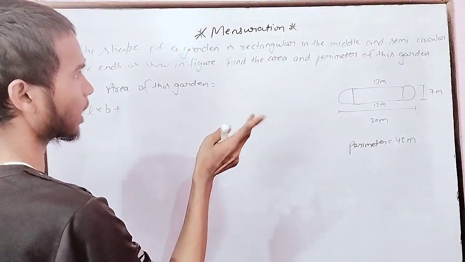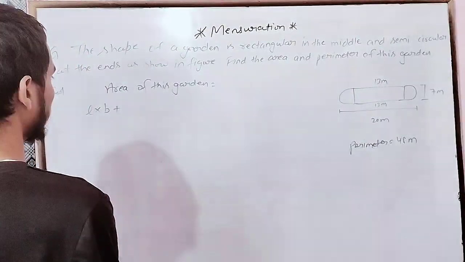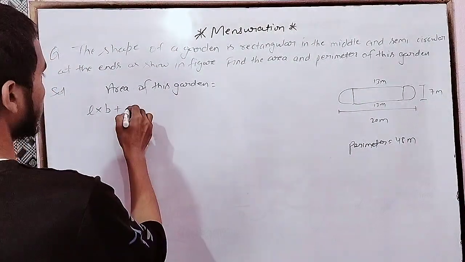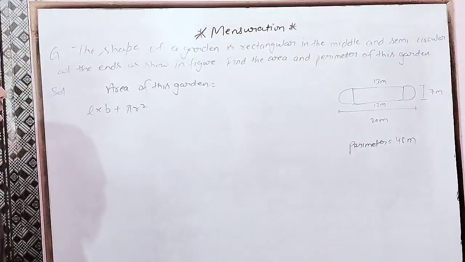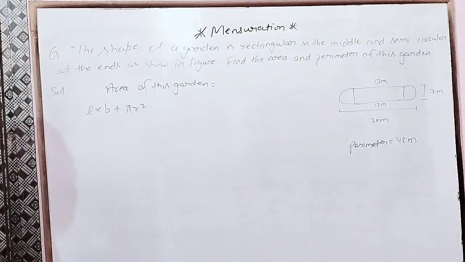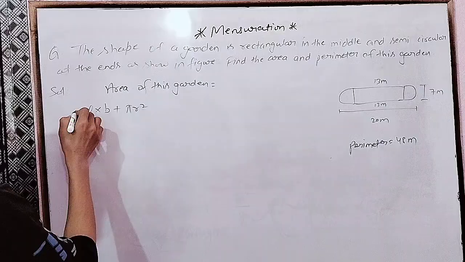Then we have a circle, which is what? Pi r square. This is what we have.